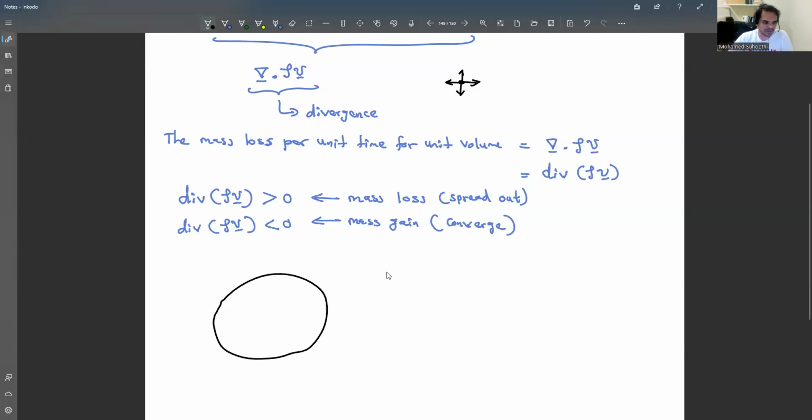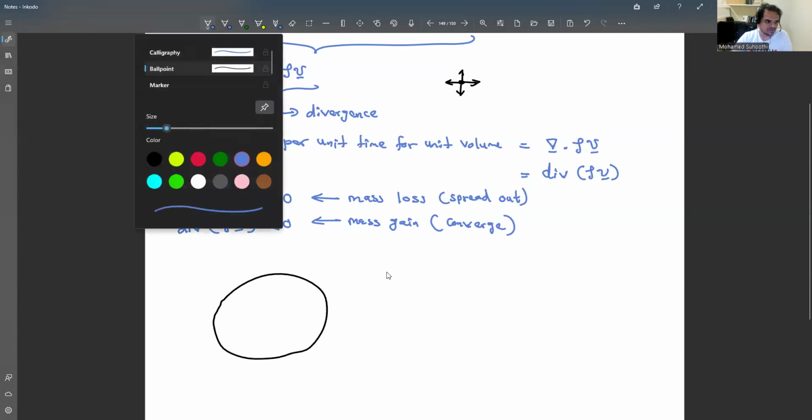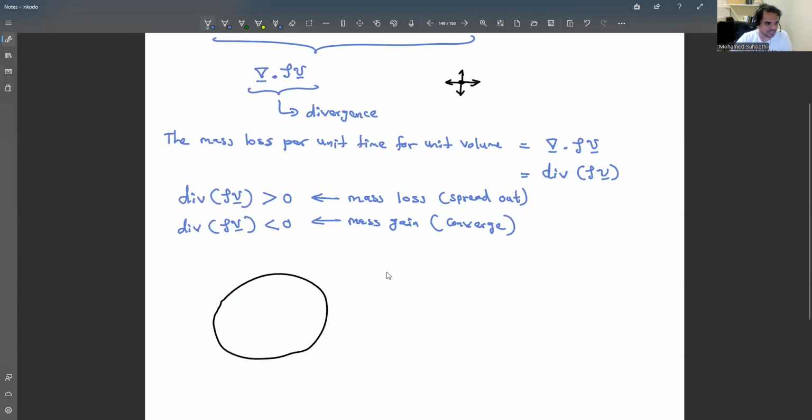Previously we considered one element, the cubical infinitesimal element. Now I'm considering an arbitrary volume. If I want to calculate the total mass loss for this volume, let's say volume V, okay, V is volume, not velocity.